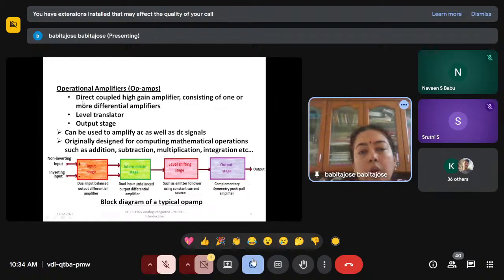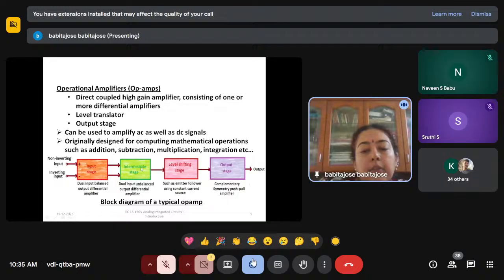So basically, operational amplifier is a direct coupled high gain amplifier consisting of one or more differential amplifiers. So you know what is a differential amplifier. So the first is the input stage, which is a dual input balanced output differential amplifier.